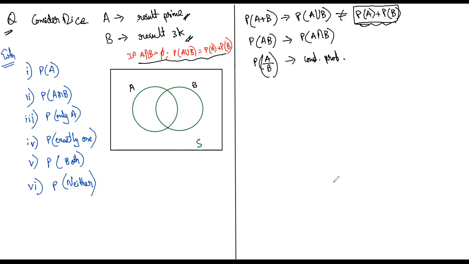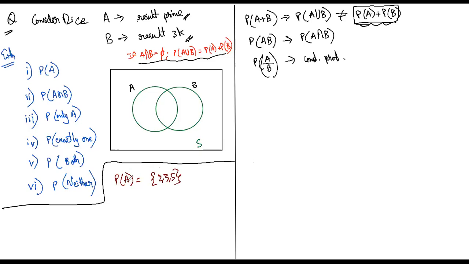Now you see, first of all, what is the data given in the question? Question में क्या क्या data दिया? What is the probability of A? For this, you just have to write the roster form. What are the elements which occur through the roster form in set? There are only 3 prime numbers which can appear when a dice is rolled. That would be 2, 3, and 5.